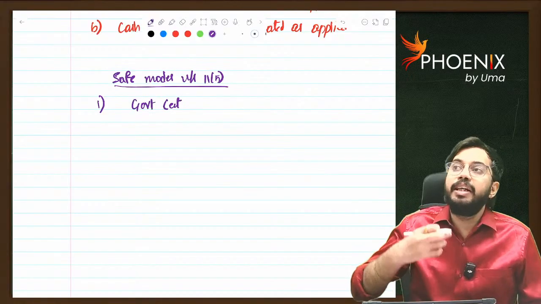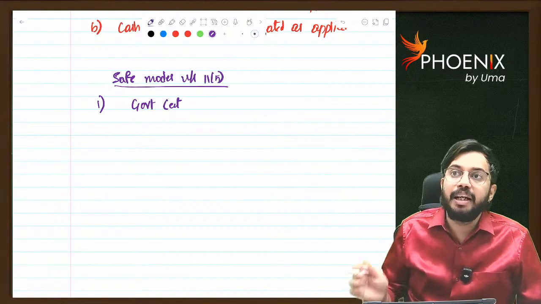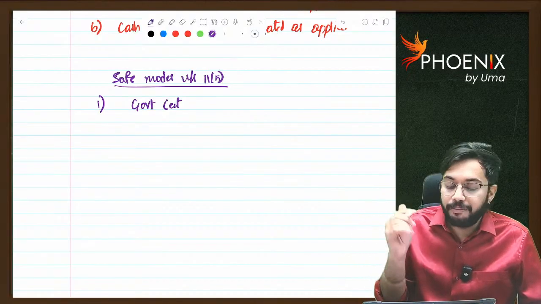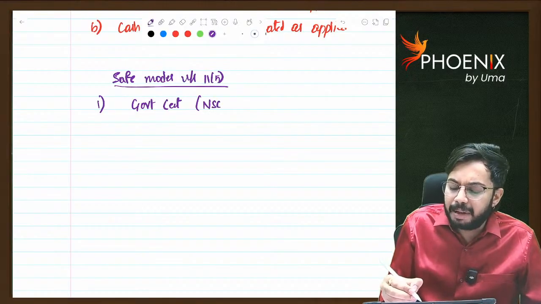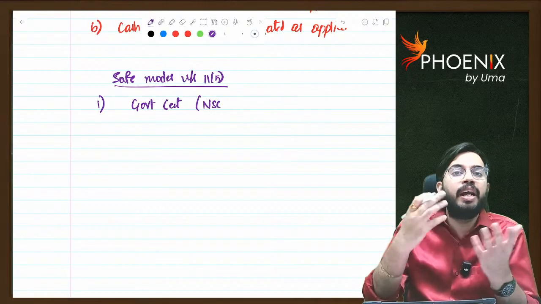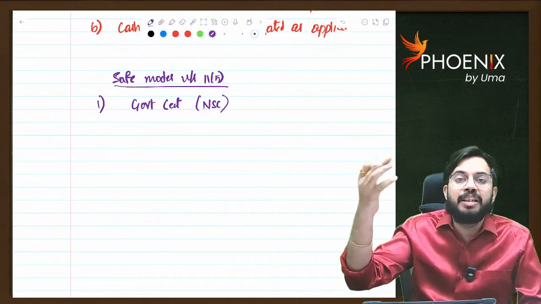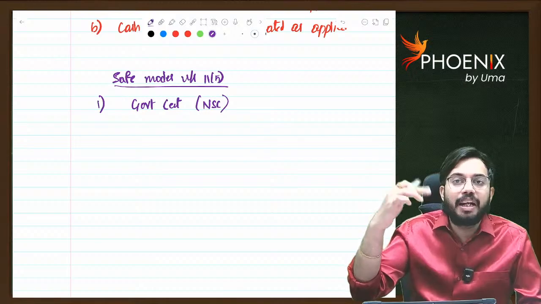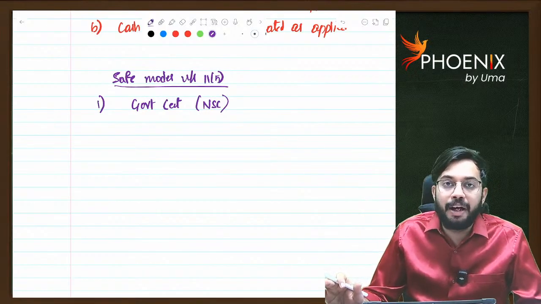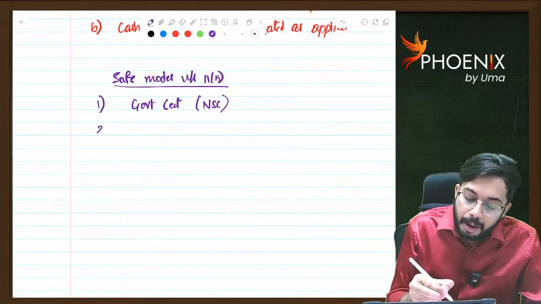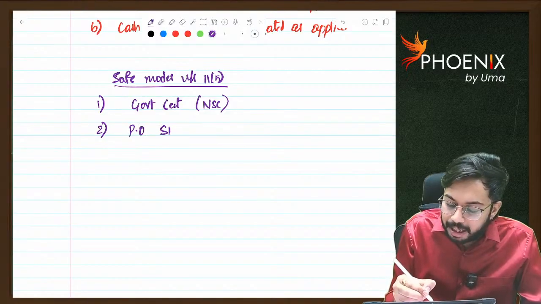Trust can invest its money in government certificates. It is allowed investment. So government certificates means nothing but national saving certificates or any other certificates issued by government. If trust invests its money in national saving certificates, that will be treated as applied only. It is safe mode. Next, post office savings bank account.